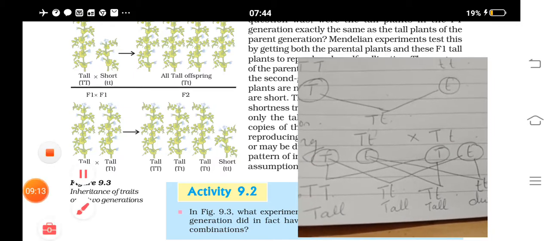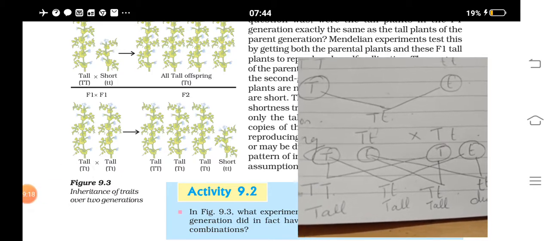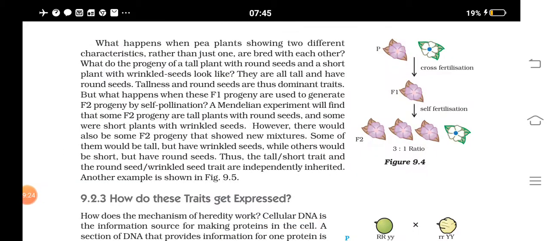You can try this in your textbook and see. Violet will be dominant and white will be recessive. All of you can try this. Understood? So you have understood the monohybrid cross well. So this is the monohybrid cross. Is it clear? Okay.